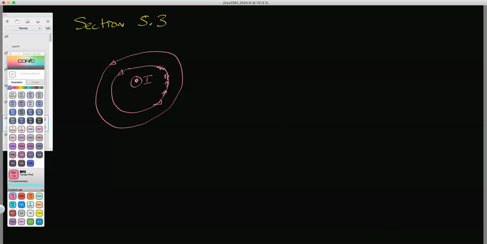Well, we've done this problem. We know that B is equal to mu 0 I over 2 pi s, where s is the distance. I'm really sorry, those don't look like circles. Let me see if I can move this so it looks a little better. There we go, so it's in the center.